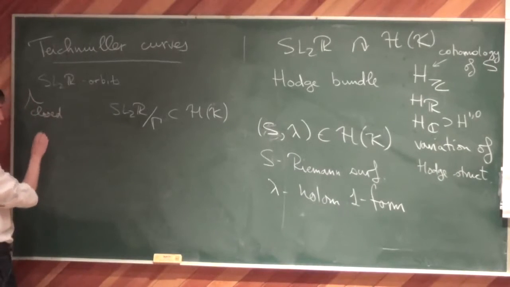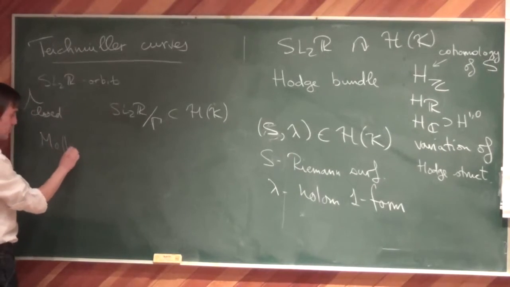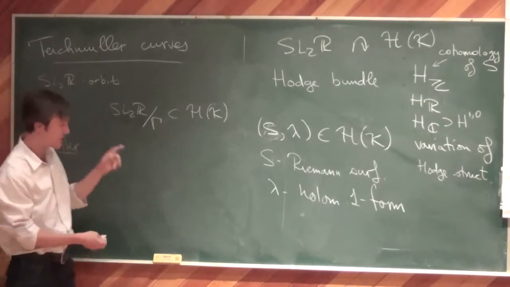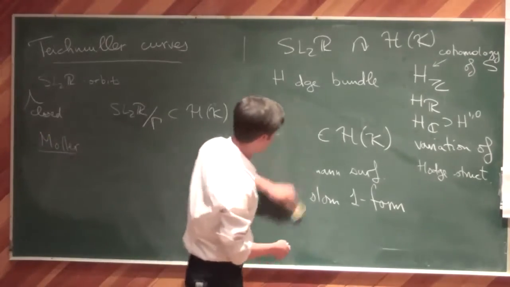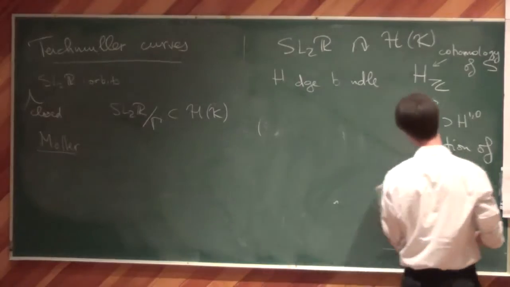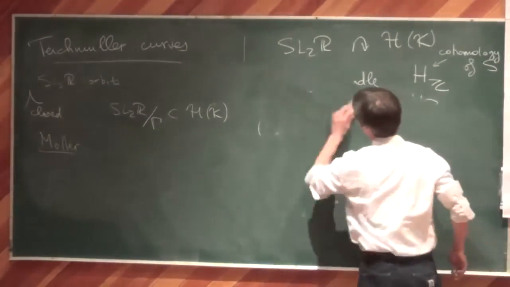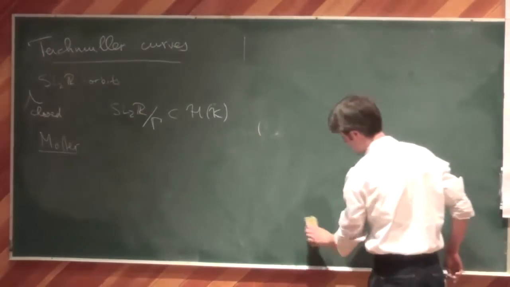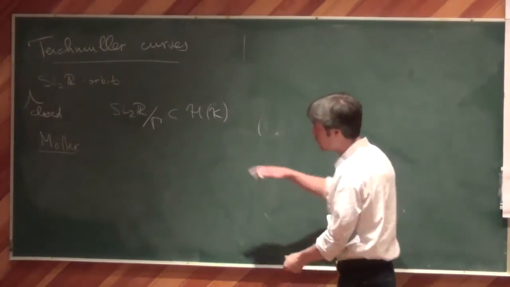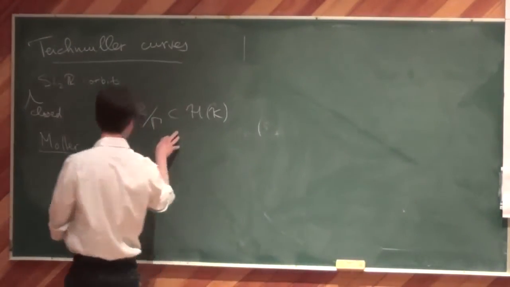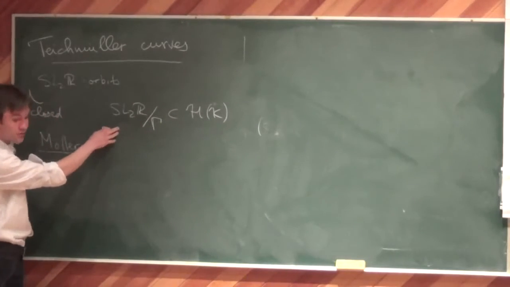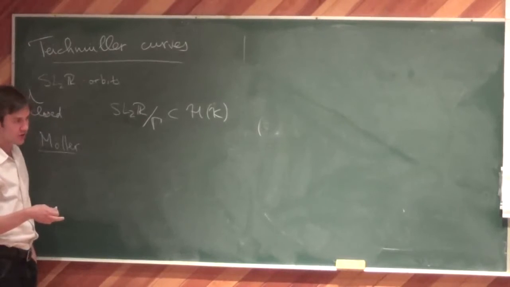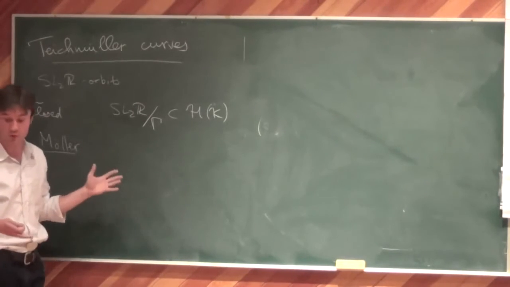A lot of people have worked on this, and many of the results of the form that I'll be talking about are due to Moller in this case. They're related to the fact that these diagonal curves are not just closed orbits, they correspond to Riemann surfaces. And Riemann surfaces are necessarily algebraic, so you can write them down with polynomial equations.